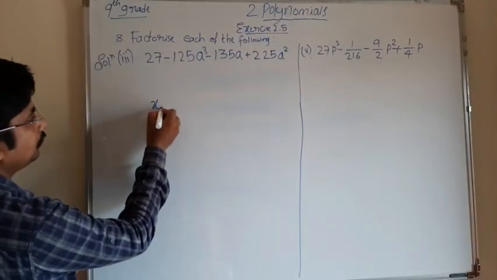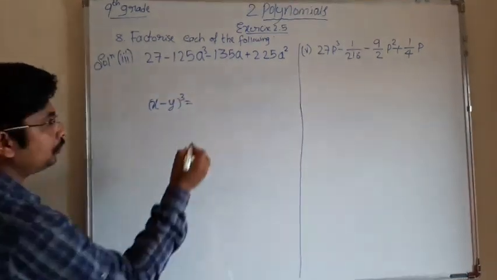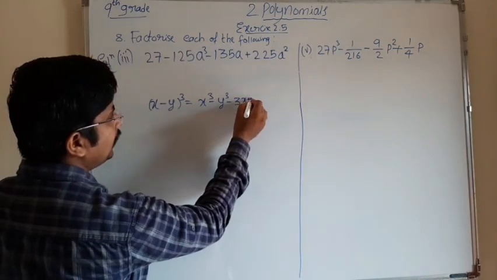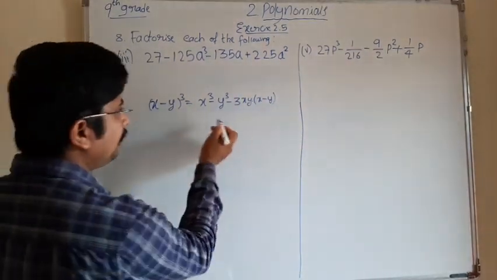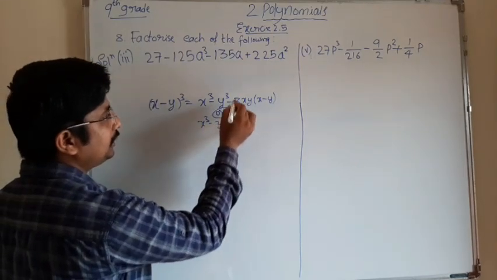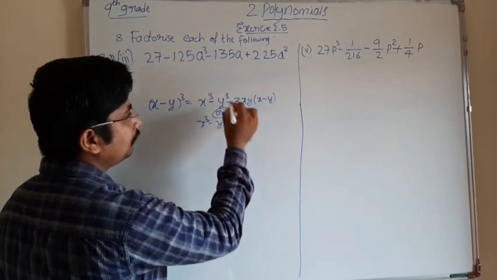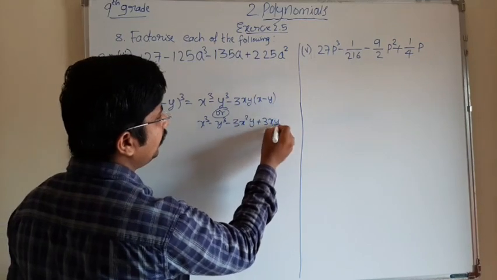With the help of the identity x minus y whole cube is equal to x cube minus y cube minus 3xy into x minus y, this can be rewritten as x cube minus y cube minus 3x square y plus 3xy square.